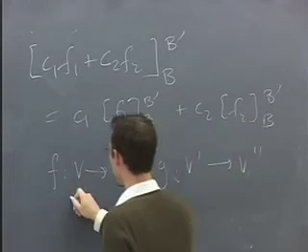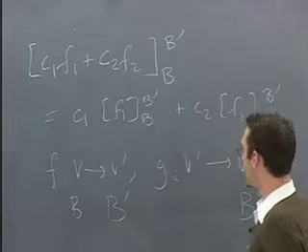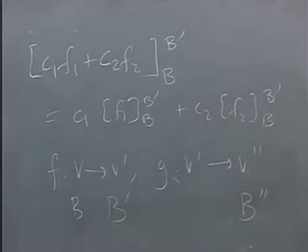Now, moreover, if I have, again, F from V to V prime and G from V prime to V double prime, and again, I equip these things with bases B, B prime, and B double prime, then exactly the sort of composition structure that you expect to be preserved is preserved. Again, this just follows from what we saw before.